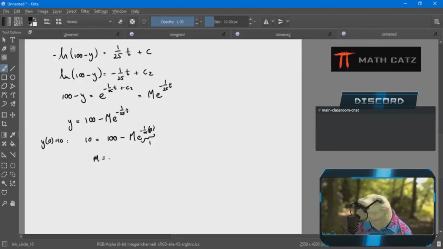So m is 90. And so my solution to the differential equation of the pounds of salt that changes over time is 100 minus 90 e to the negative 1 over 25 t. All right, so let's put that in a box here.